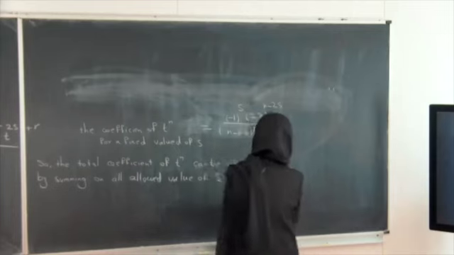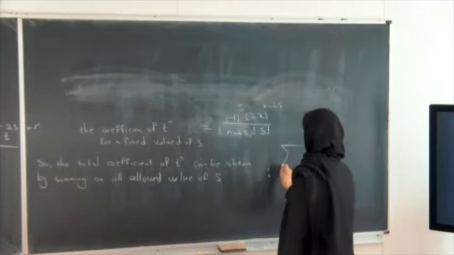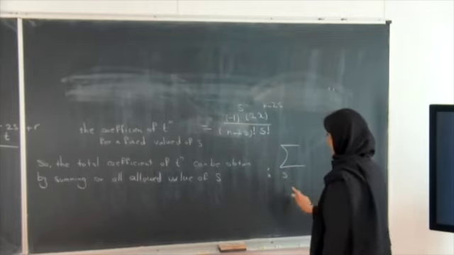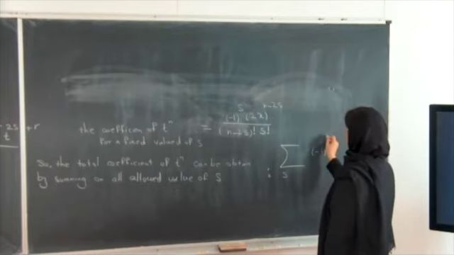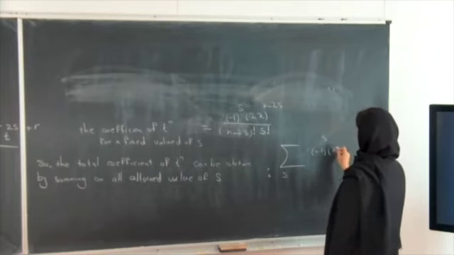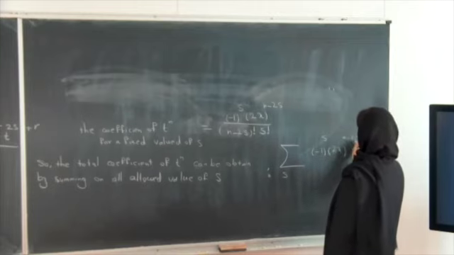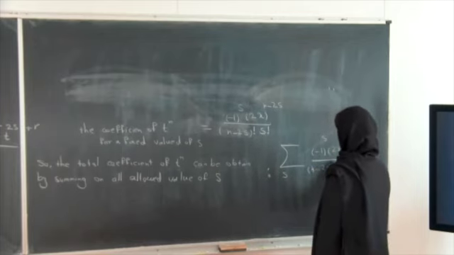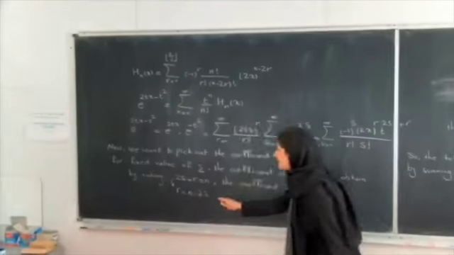So we have the total coefficient of Tn as the series of minus 1 to the s, 2x to the n minus 2s, divided by n minus 2s factorial and s factorial. Okay, look at this.